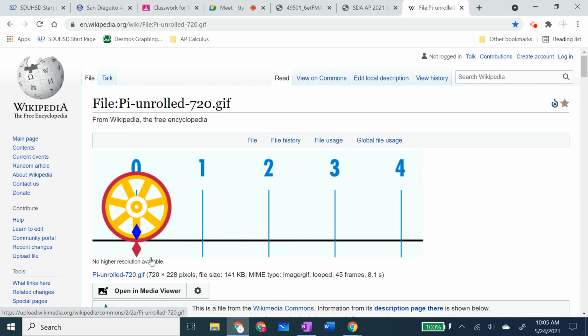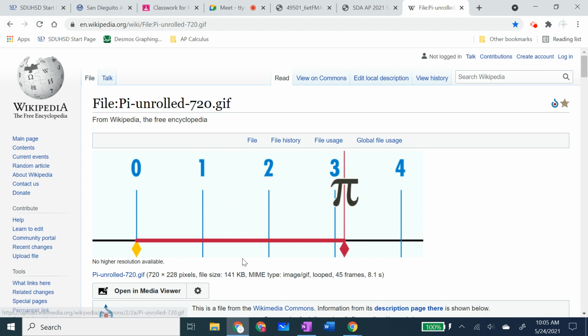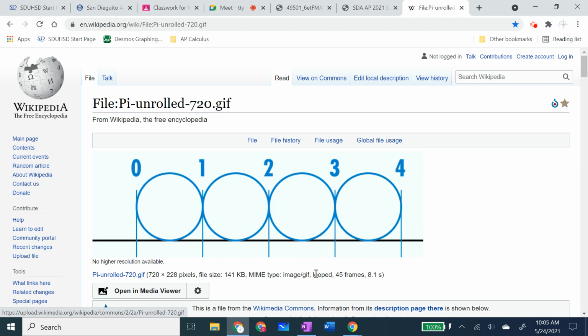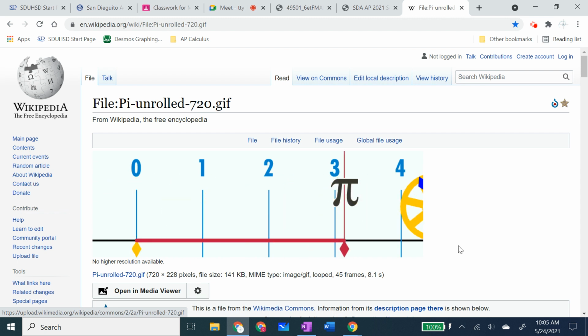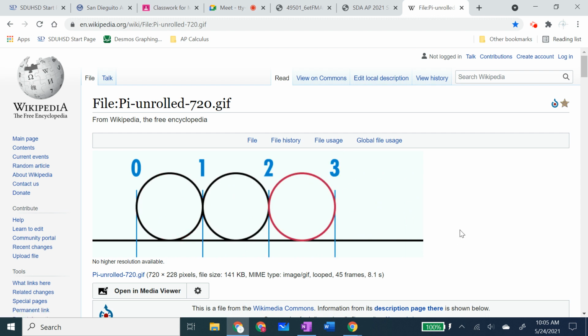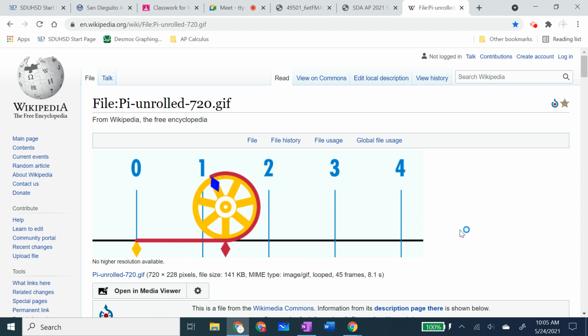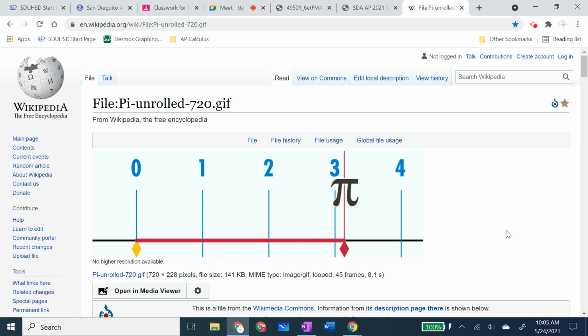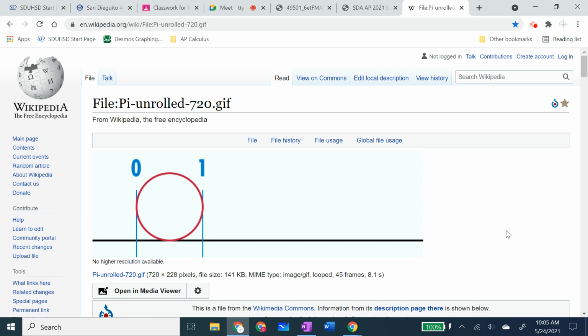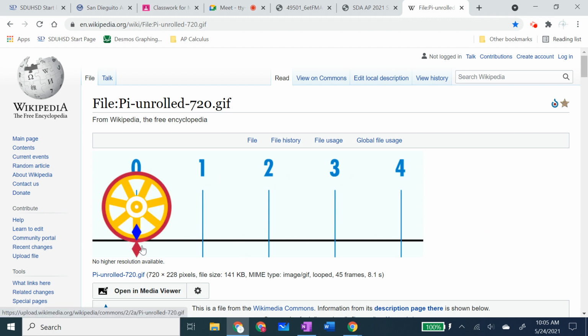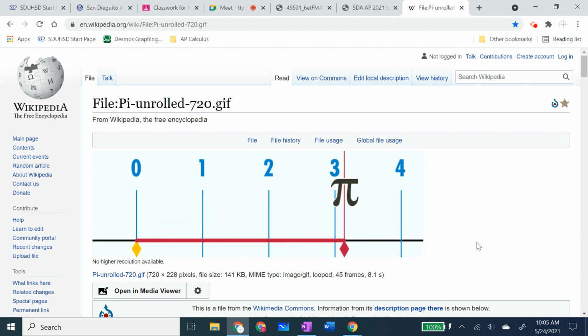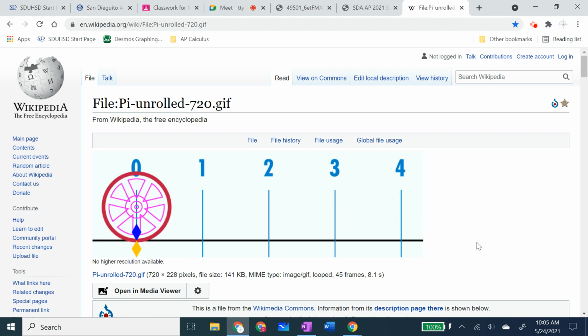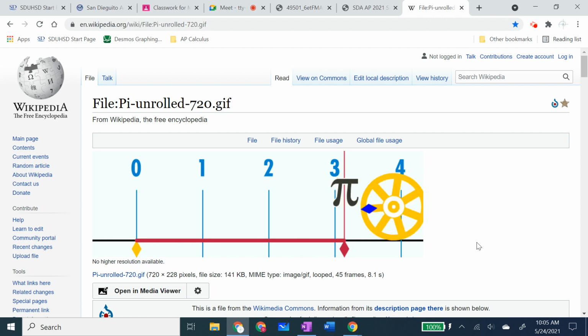It's explaining what pi is, but at the same time, you're able to see a circle turning, and watch as the circle turns, it's creating a path. When we look at our angular speed, we're looking at how quickly that wheel turned. But when we look at linear speed, we're looking at how quickly this line is being created. And that's the difference between angular speed and linear speed.